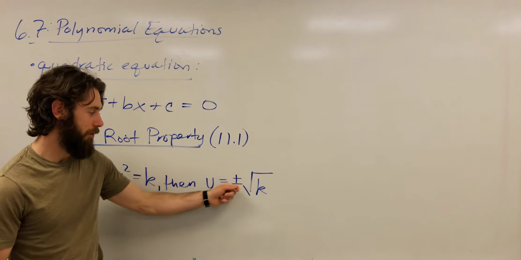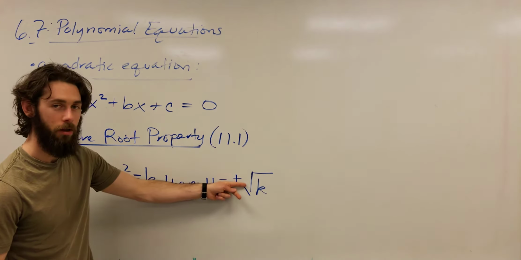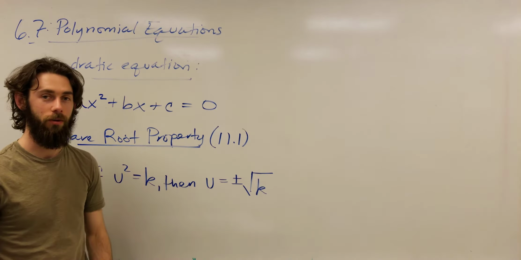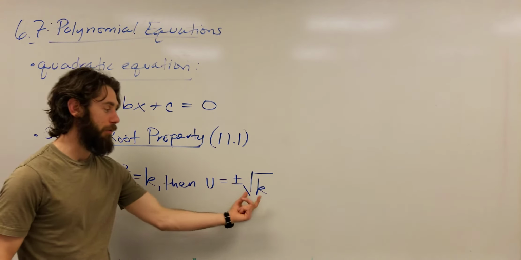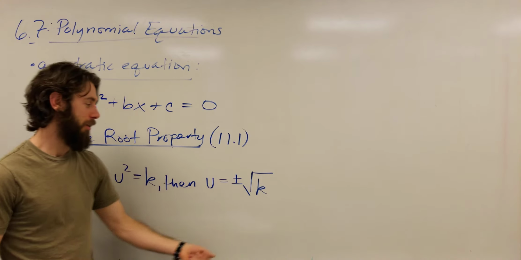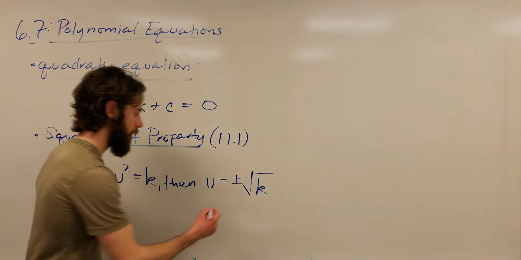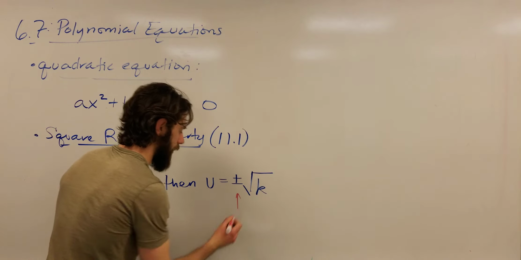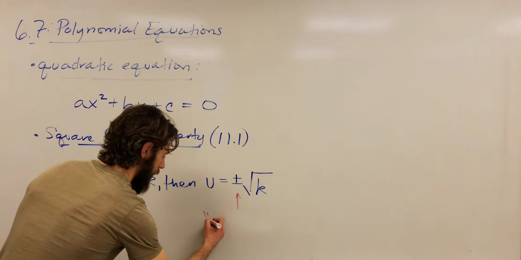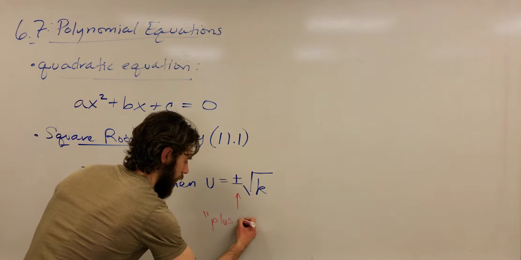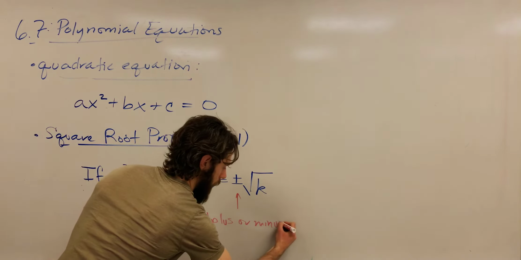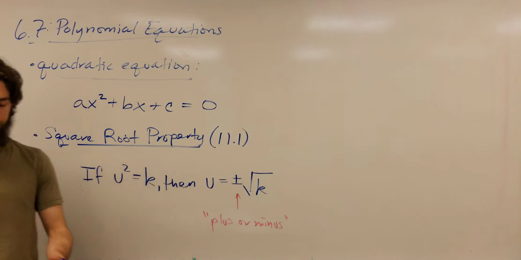One is the positive square root of k, and one is the negative square root of k. Because both of those things squared give us k, right? And that little symbol just means plus or minus.